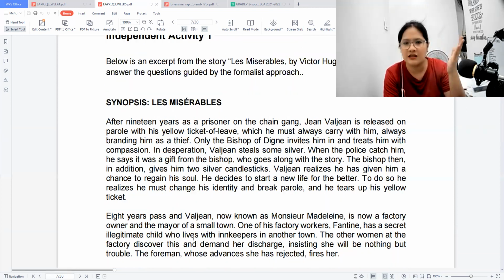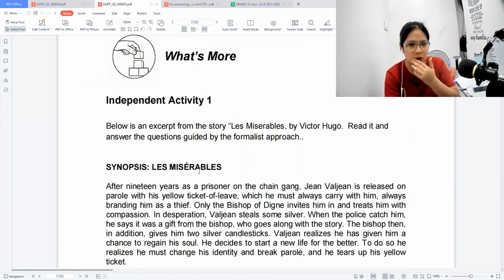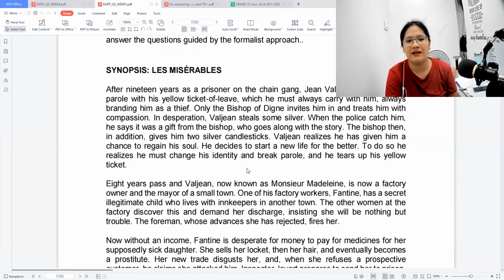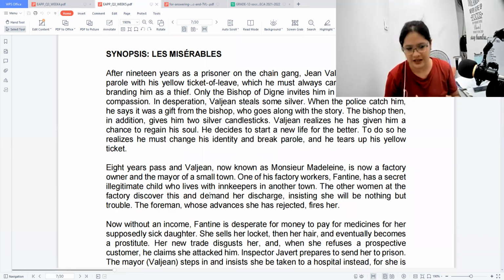So, that's the idea. Now, you have to look into the elements of the story dun sa excerpt na binigay sa atin, yung synopsis, and how each of this, yung setting, yung mga characters, yung theme or message, kung may symbolism ba, okay, how these work together as one to send the meaning across.